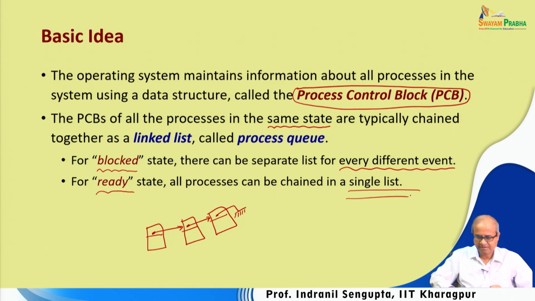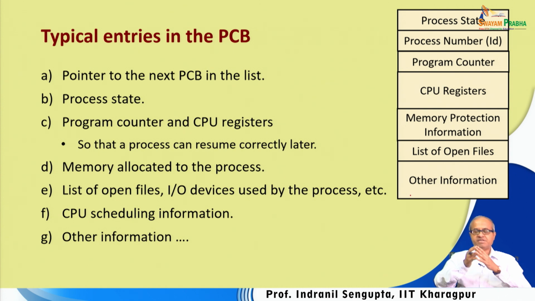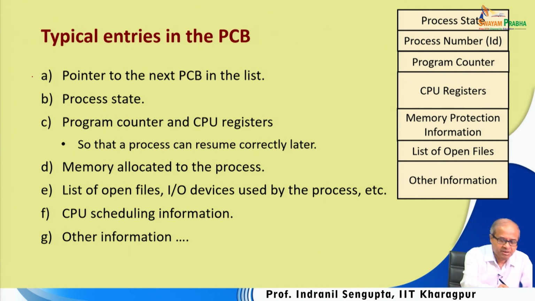Fine. Now, let us see what are the typical entries that we require to have in a process control block or PCB. Well, the first thing, I said that we need to maintain a linked list of the PCBs to maintain the different lists or the queues, process queues. So, the first thing it should contain is a pointer to the next PCB in a list. Now, for those of you who are familiar with pointers, you know a pointer is nothing but the address of some memory location.